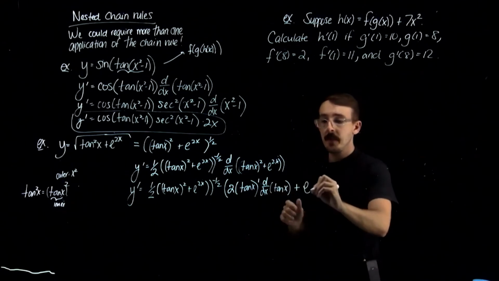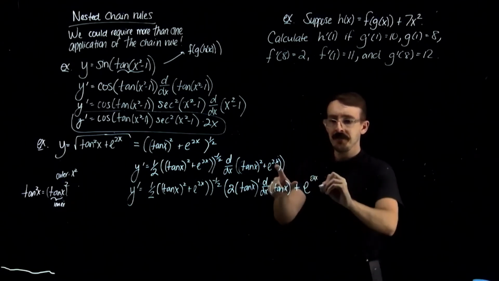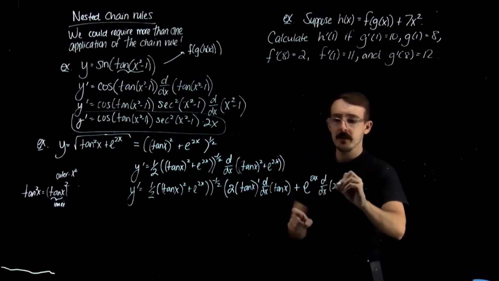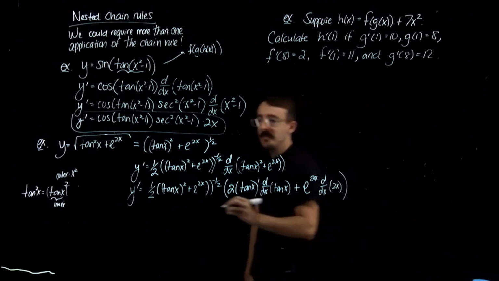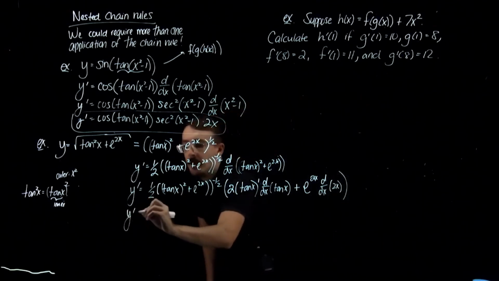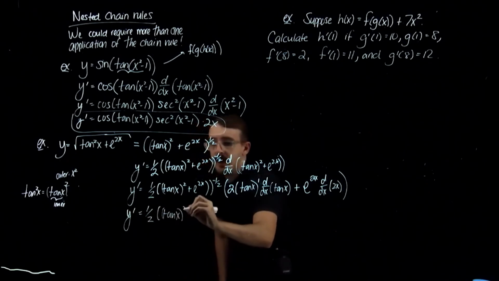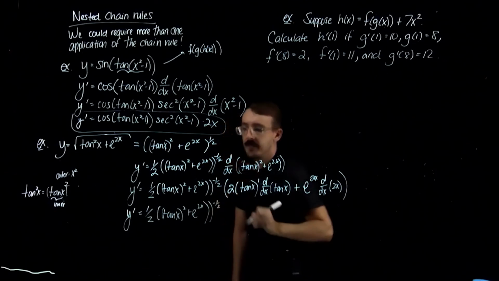So I'm going to have e to the 2x. I'm just going to go ahead and plug in my inner function. And this is times the derivative of my inner function, which is 2x. All right, I'm almost there. So now I have y prime equals 1/2 times tangent of x squared plus e to the 2x, to the negative 1/2.